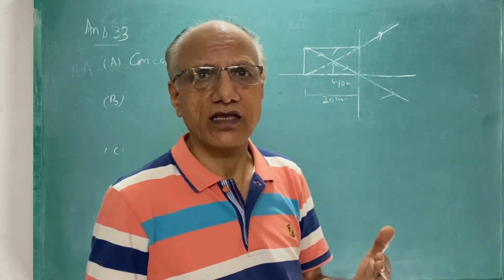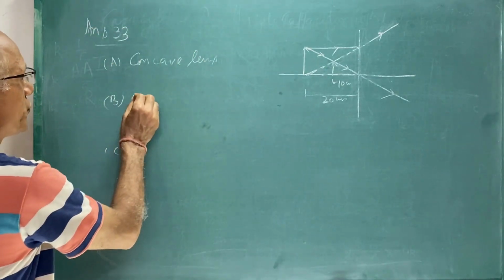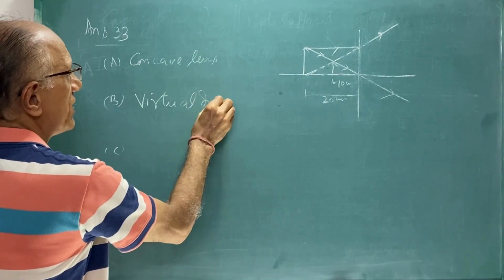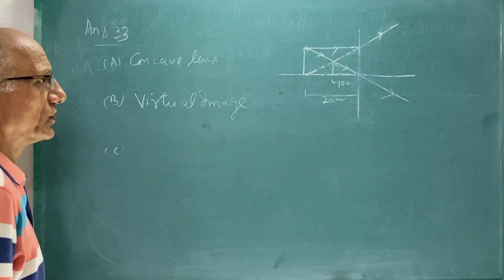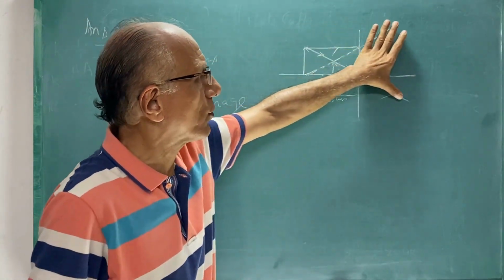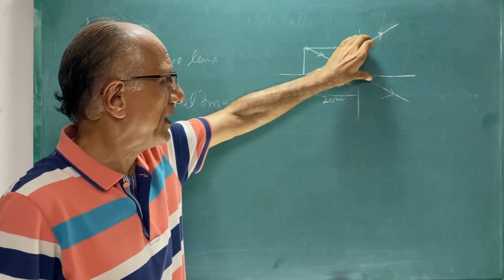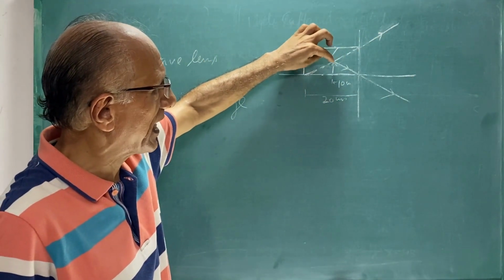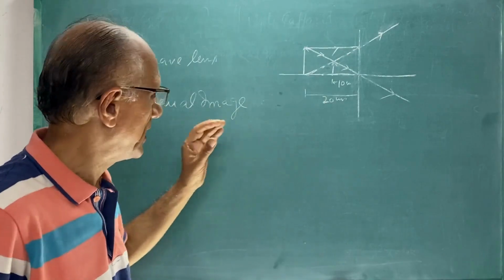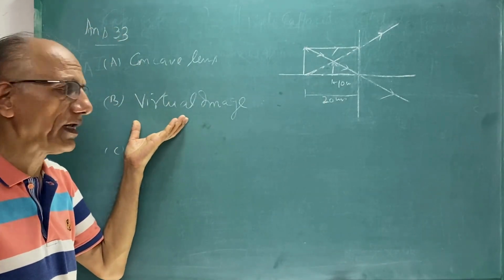That's why the image is virtual image. So the second part is also clear, that since the rays are not going to meet actually, but they will appear to meet at this point, the image formed is virtual image.